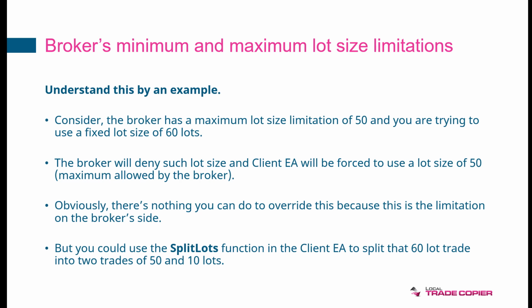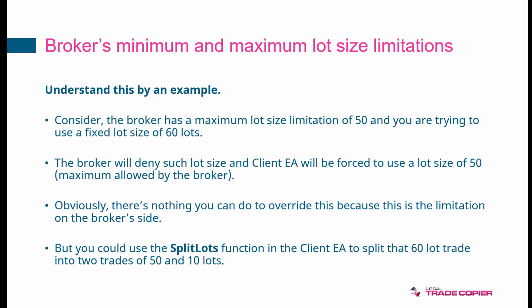Well, you might try calling them and say, hey, could you raise my maximum lot size? And they might do this for you. If it's someone trading at 60 lots, pretty big fish maybe, they might take your request and make it happen. But for most of us, it just won't. Yeah.